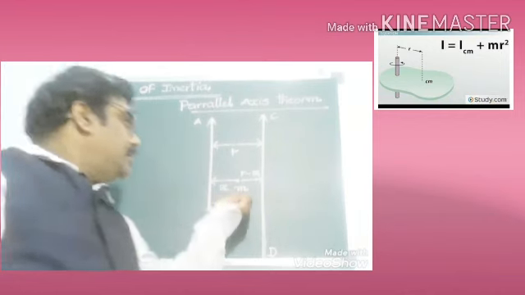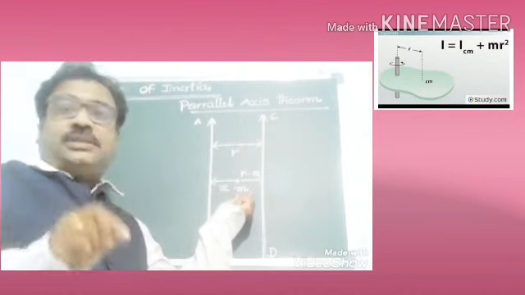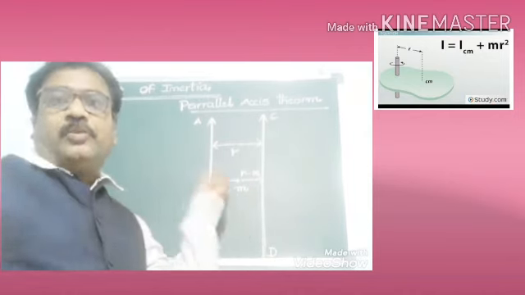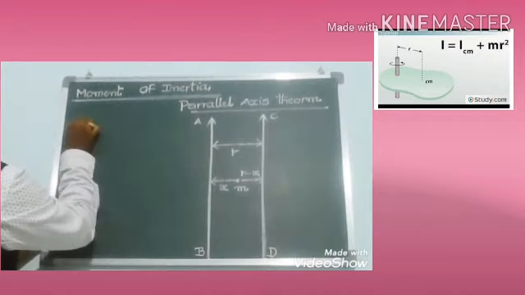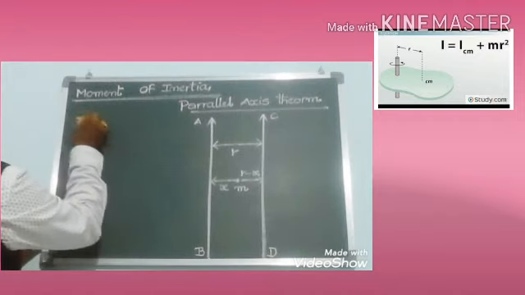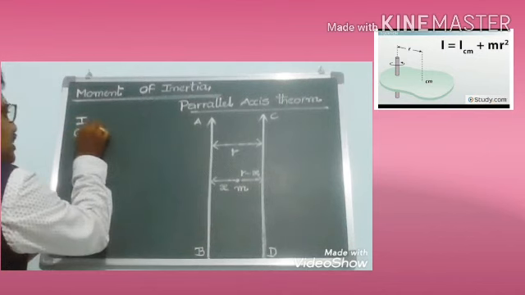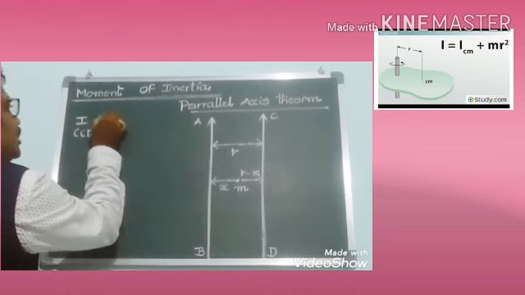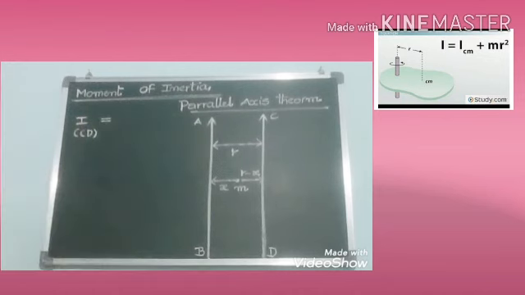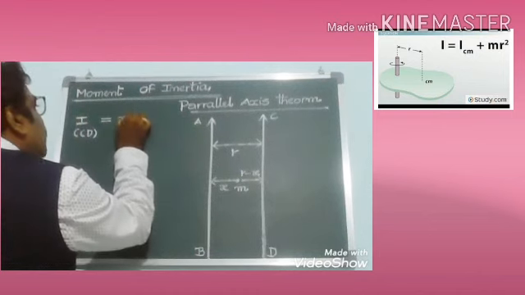Let m be the mass of one particular point which is in rotatory motion. Now I am going to calculate the moment of inertia towards the CD axis, according to the formula mass into perpendicular distance.